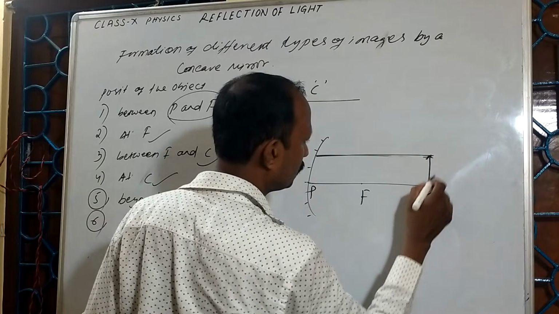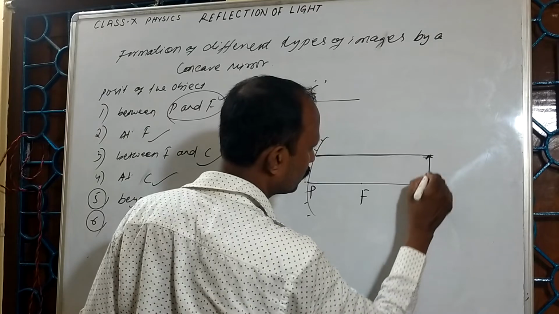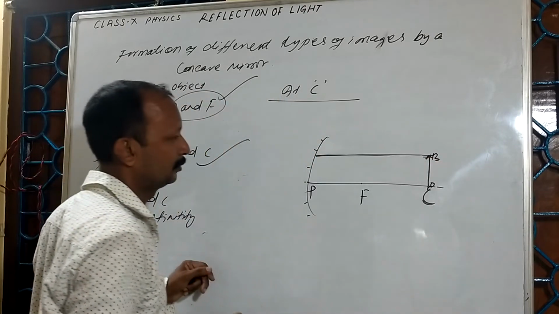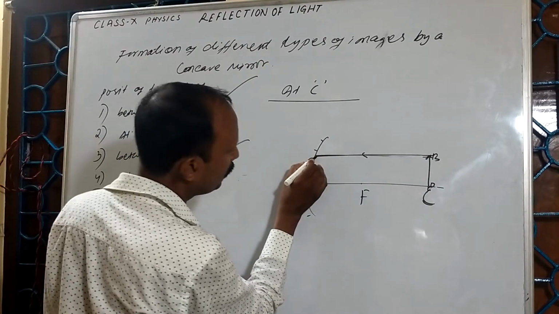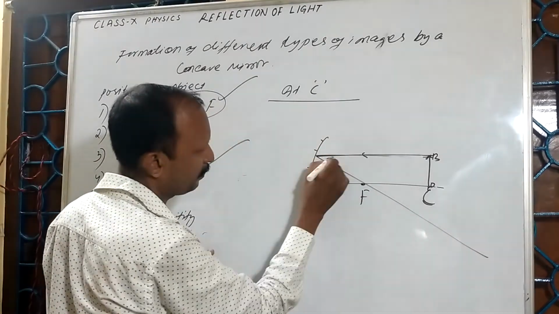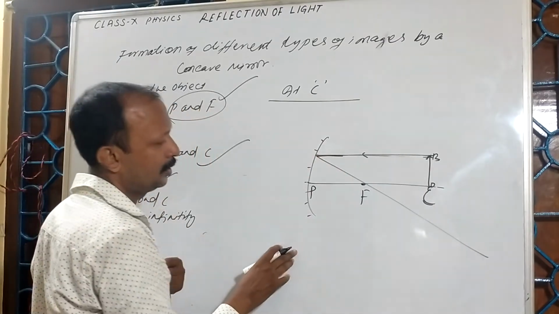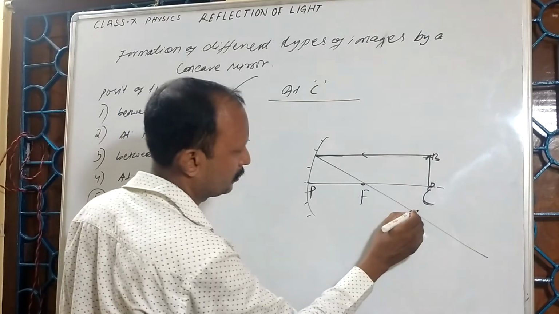Okay, object at center of curvature, OD is the object. So it will pass through the focus. We know that if an incident ray comes parallel to the principal axis, the reflected light will pass through the focus.